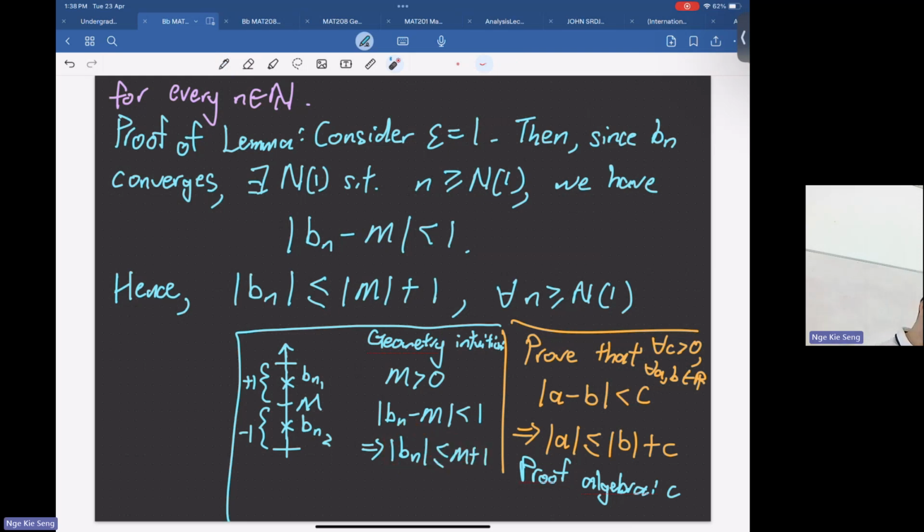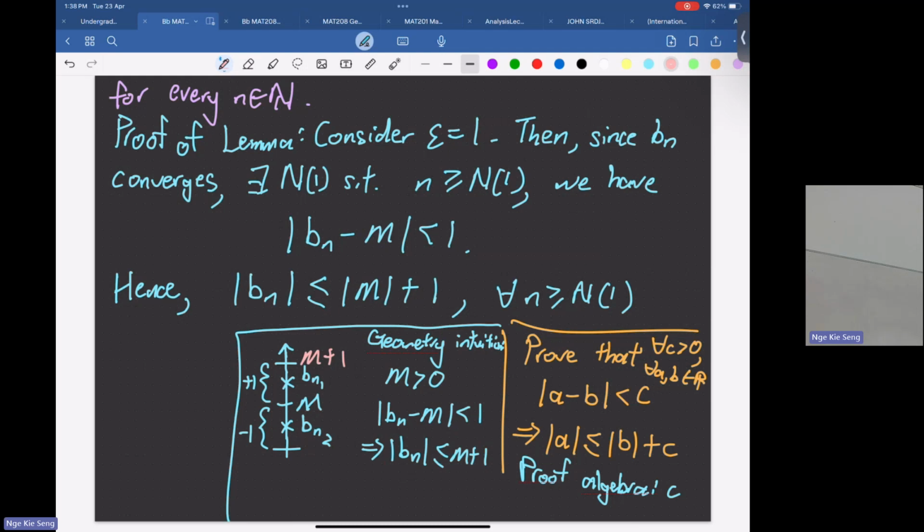No matter whether you are at the top or the bottom, you are still less than m plus 1. Does it make sense? Okay, so this is one case for m greater than 0.